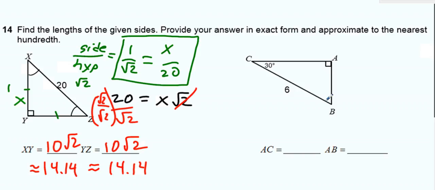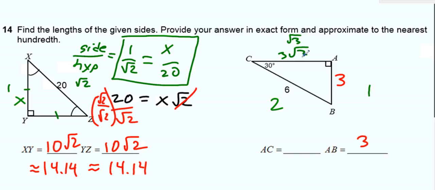For this other triangle, it's a 30, 60, 90. If you just remember the relationship, the hypotenuse is twice as long as the short side. So if the hypotenuse is 6, the short side's 3. So AB is 3. There's no need to round that because it's just 3. AC, the long side, is times the square root of 3 because a 30, 60, 90 is 1, 2, square root of 3.